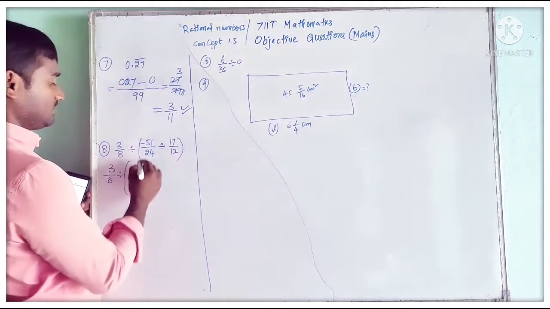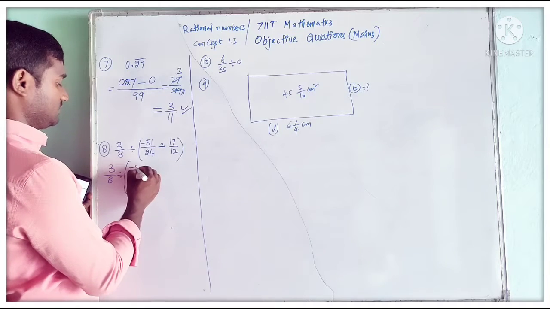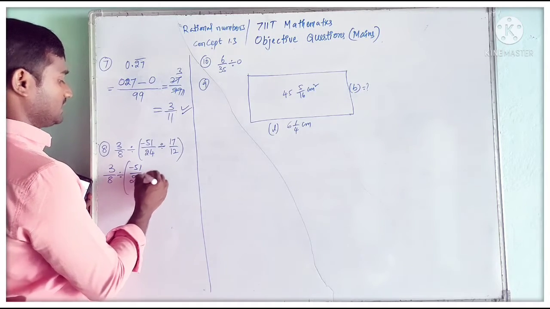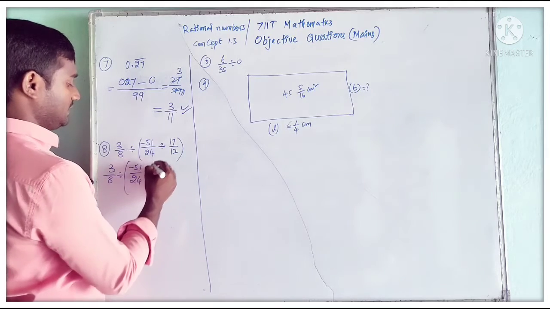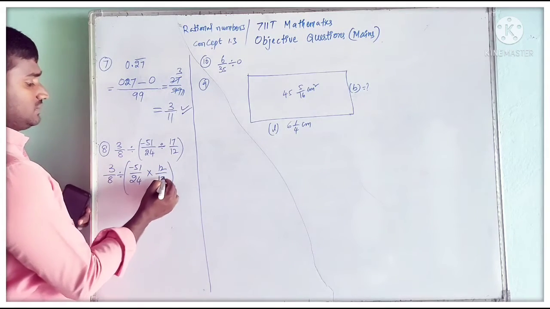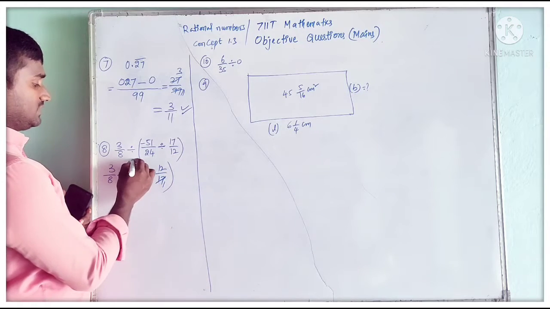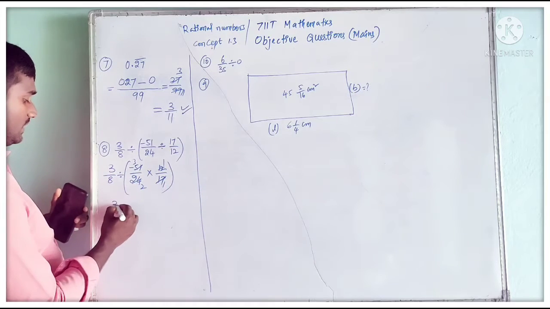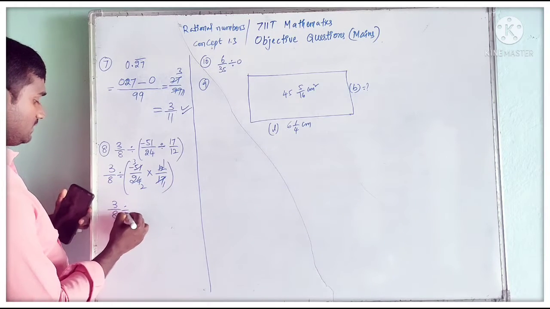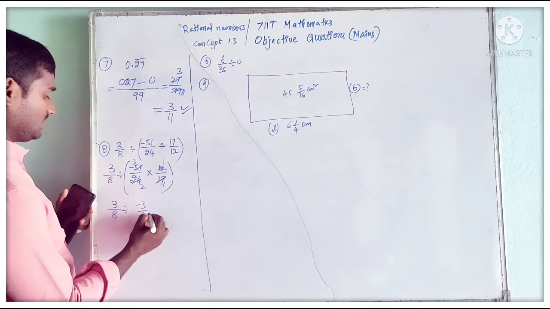Next. So 3 by 8 divided by, in the bracket we need to simplify first according to BODMAS rule. So minus 51 by 24, and the reciprocal of 17 by 12 is 12 by 17, and this becomes multiplication. So 17 cancel, 17 ones are 17, 17 threes are 51, 12 ones are 12, 12 twos are 24. So then 3 by 8 divided by minus 3 by 2.